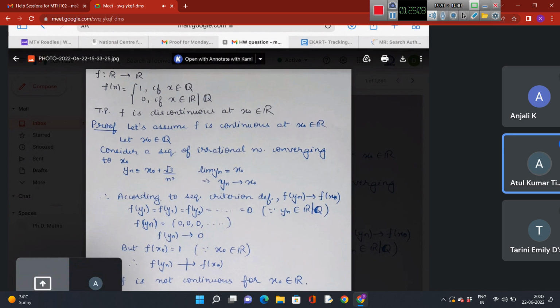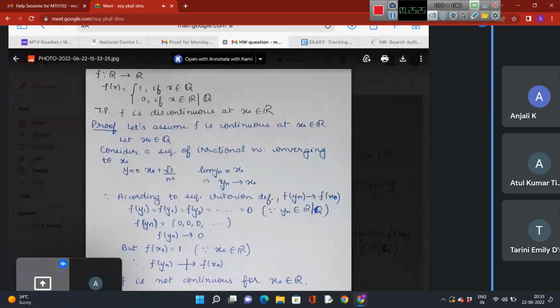Ma'am, I also tried to do this question by the epsilon delta definition, but I got confused after a few steps. Can you give an idea of how to do it by the epsilon delta definition? I really have to try it out first.